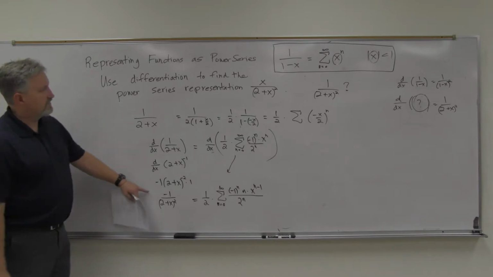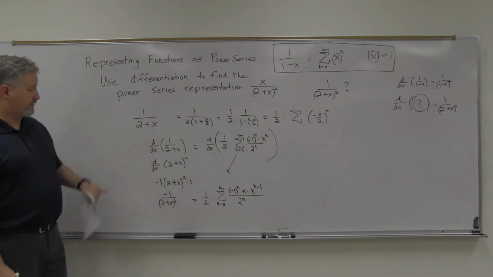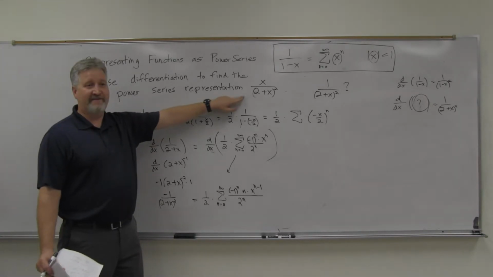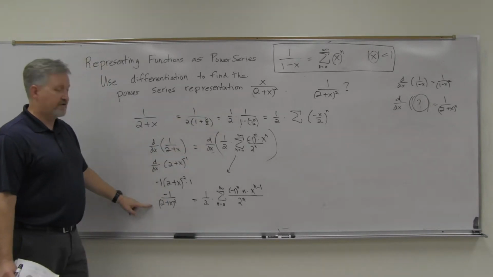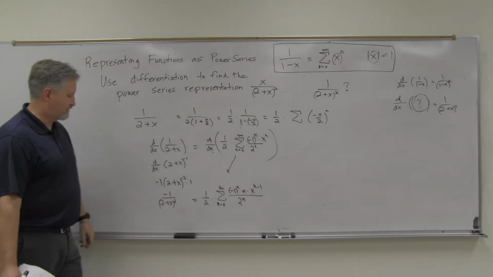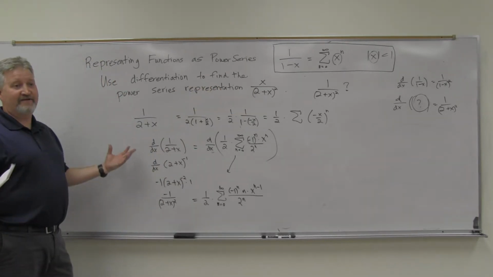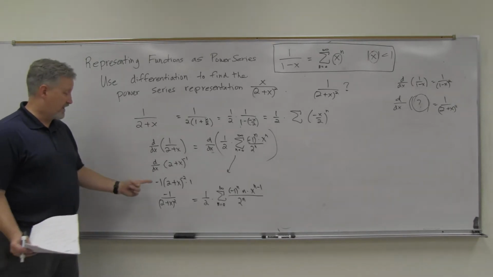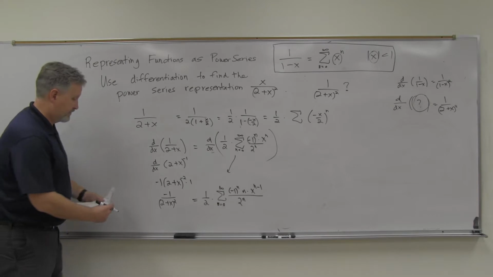So a couple of things now. This is not quite what I wanted. I've got -1 over 2. I want it to be x over 2 plus x squared. So what do I need to do? Well, I need to multiply both sides by -1.